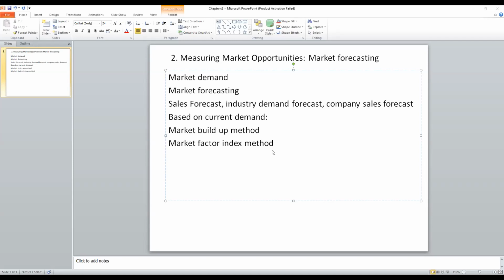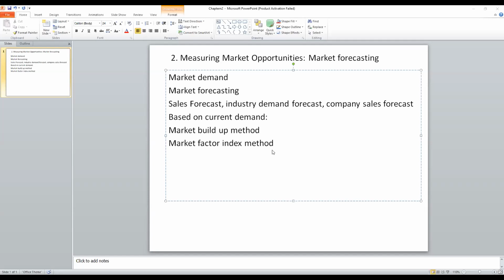Now, it is usually observed that the greater the marketing efforts and expenditures, the higher the levels of demand. So it pushes the demand. That's why companies spend huge amounts on advertising. It is believed that advertising is directly correlated to sales.